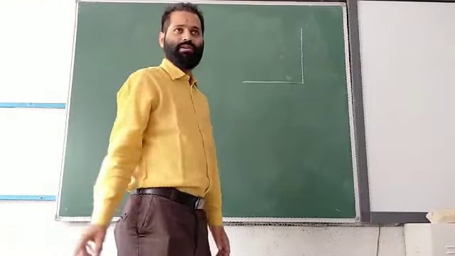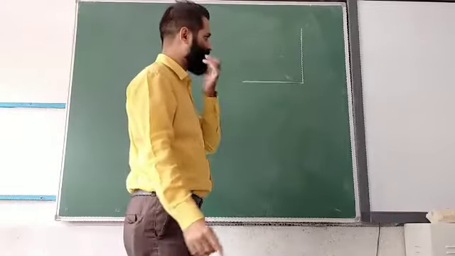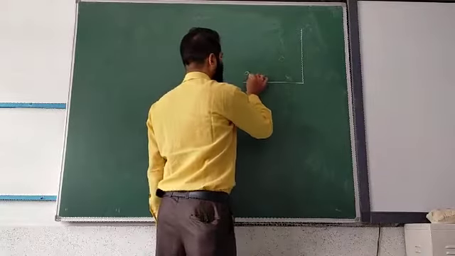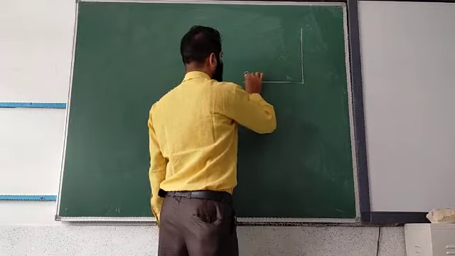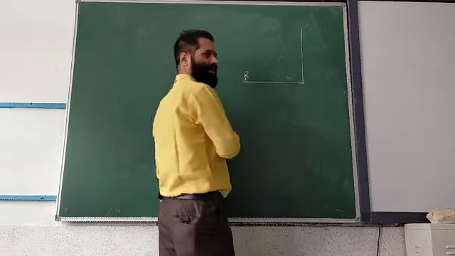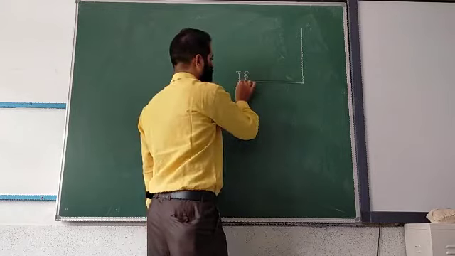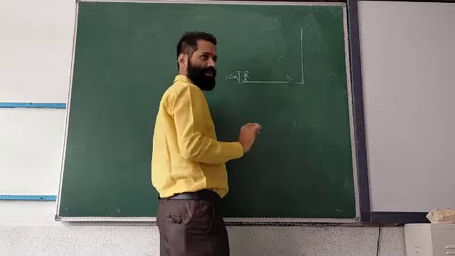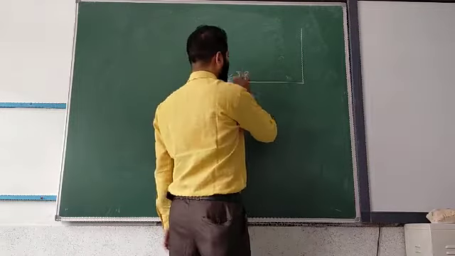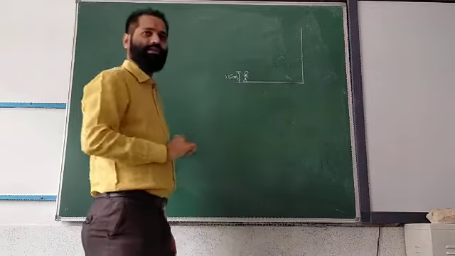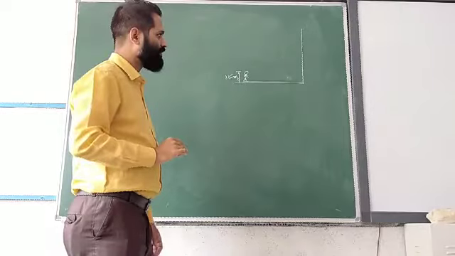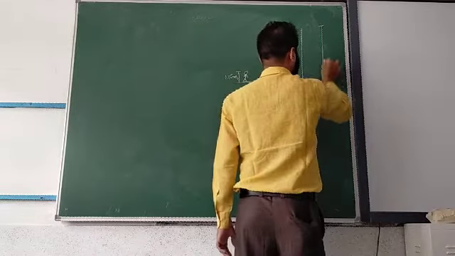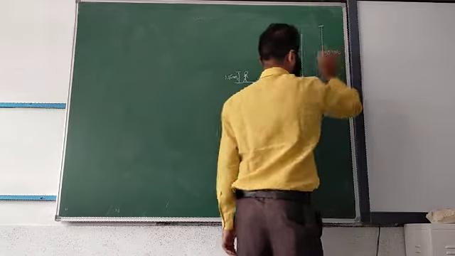Let us suppose that this is a boy, 1.5 meter. So this is 1.5 meter. Now a 1.5 meter boy standing at some distance from a 30 meter tall building. This is 30 meter. Try to understand first.